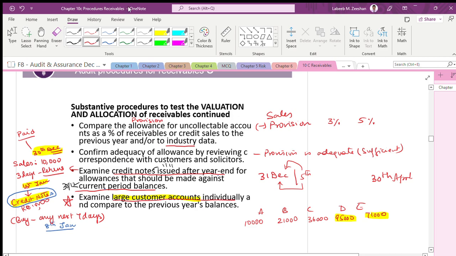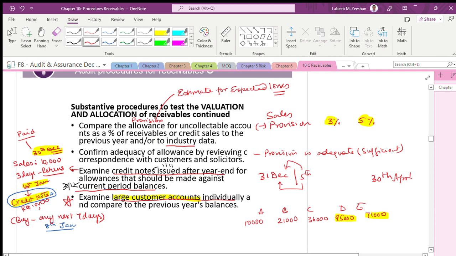Last year how much provision was there? 3%. This year how much provision is there? 5%. Provision is an estimate for your expected losses.